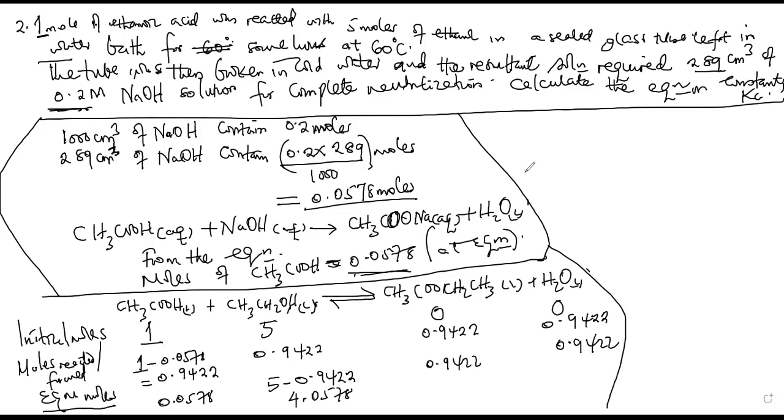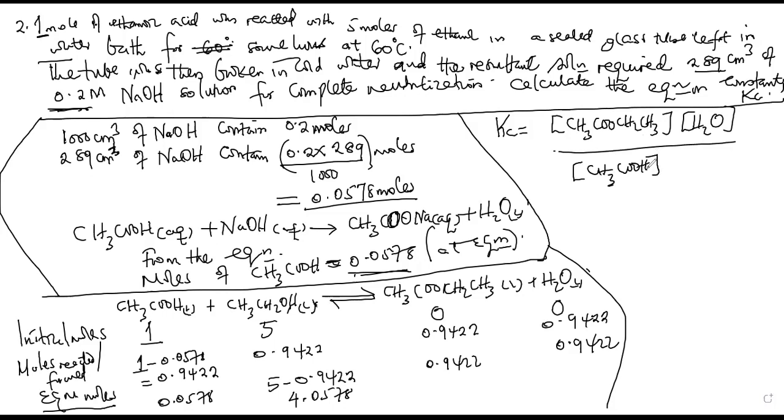So Kc would be the concentration of ethyl ethanoate times the concentration of water over the concentration of ethanoic acid times the concentration of ethanol, CH3CH2OH.